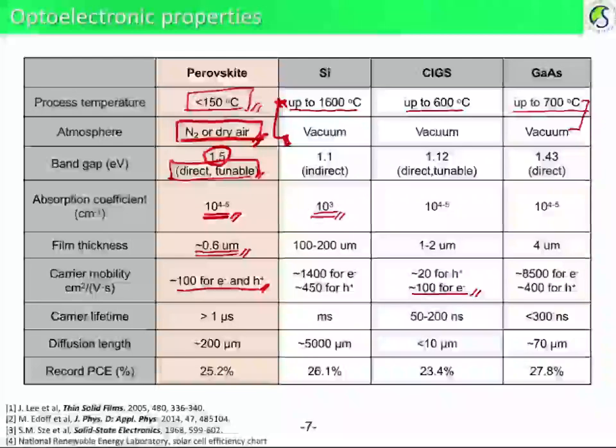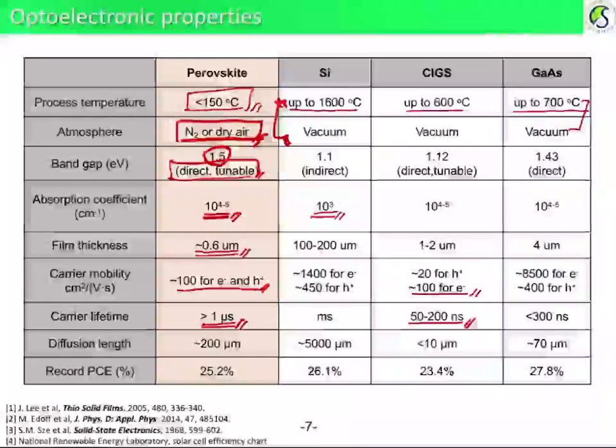But the carrier lifetime, you can see, is much higher than the CIGS material, which is due to the characteristic property of the halide perovskite. I will introduce the property in a later slide. And owing to the very long charge carrier lifetime, you can see that the diffusion length is very long compared to the CIGS material and the gallium arsenide material.